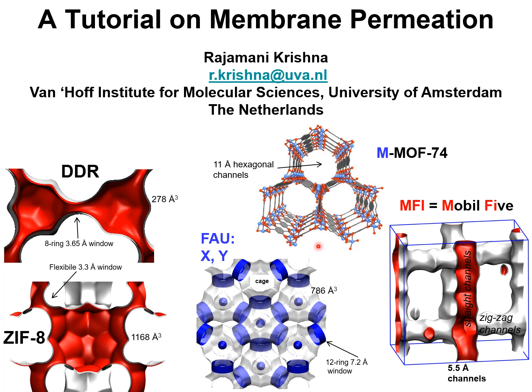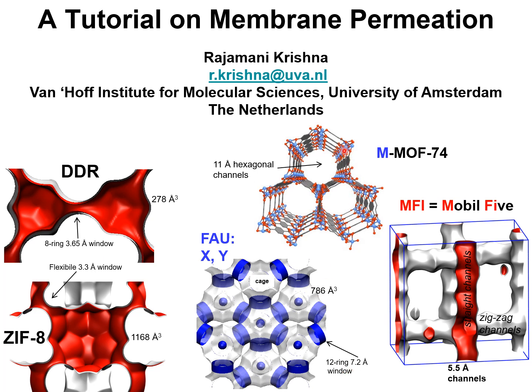Another type of microporous material is X zeolite, Y zeolite. Both have the Faujasite or FAU topology. It consists of cages of 786 cubic angstrom separated by 12 ring windows whose aperture is 7.2 angstrom.